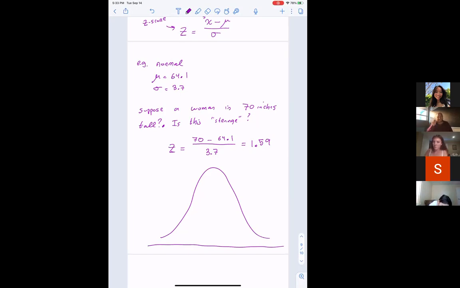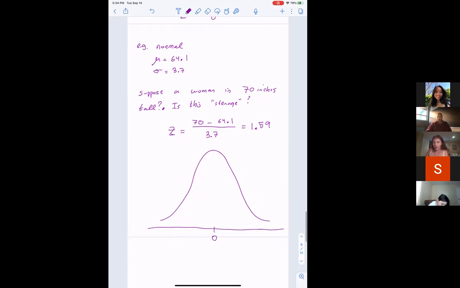I'm talking about the standard normal. What's the mean of the standard normal distribution? Not the original, not the raw data situation, the standard normal. What's the mean of that one? 0. What's the sigma for that one? 1, which means 2 sigmas is 2.